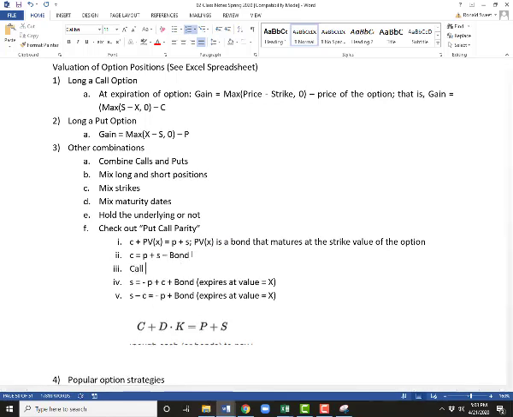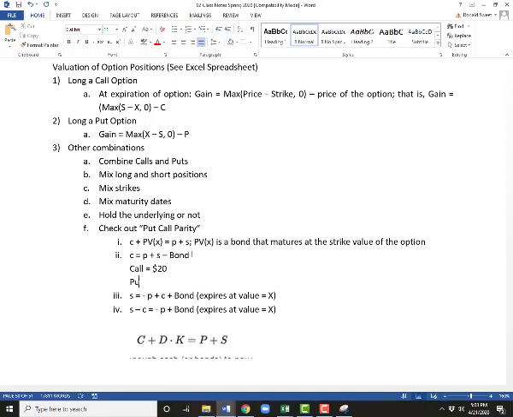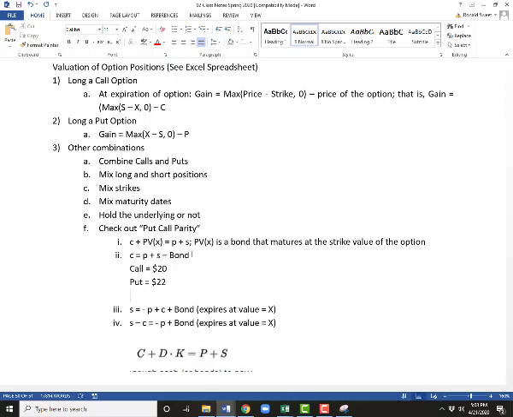Let's say the call has a premium of $20. Let's say the put is trading for $22. Let's say the stock is trading for $150.